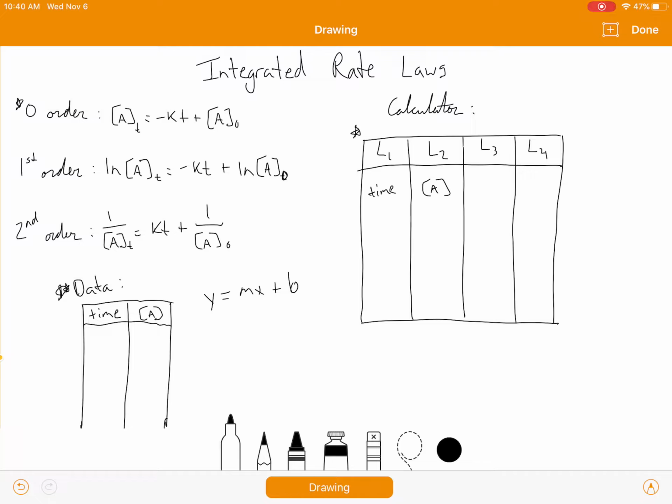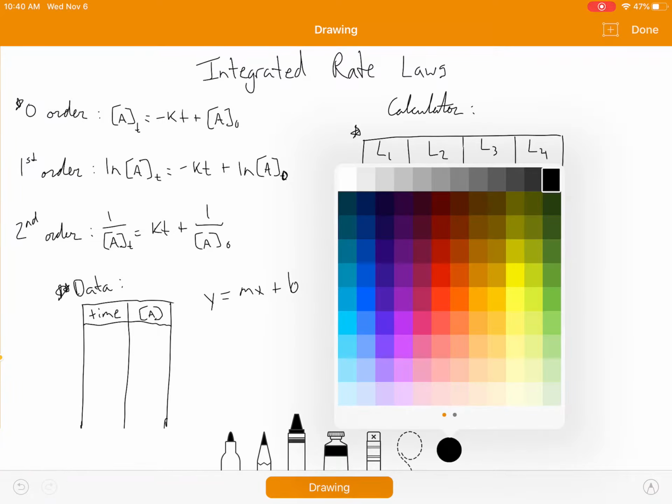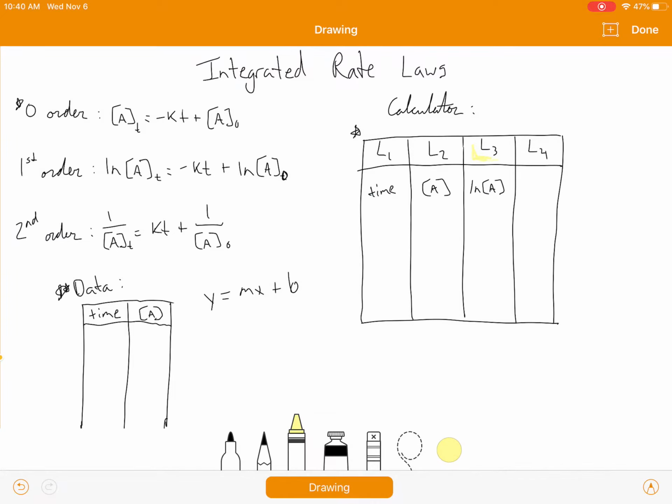Depending on how much data that is, that could take you a little bit of time, but the calculating that can be done for you is going to save you time in the end. For L3, I would like you to put in the natural log of the concentration. How you do that is highlight L3 so you don't have to put in the natural log of the previous point each time.